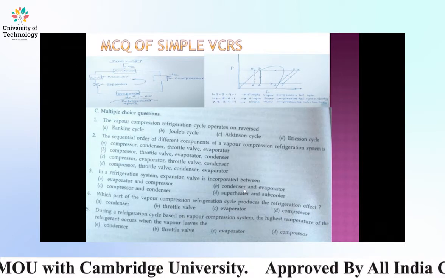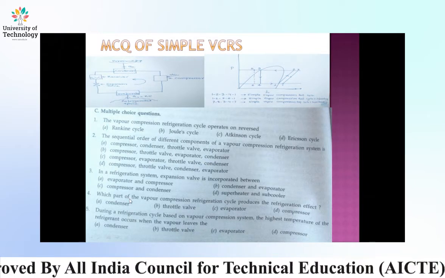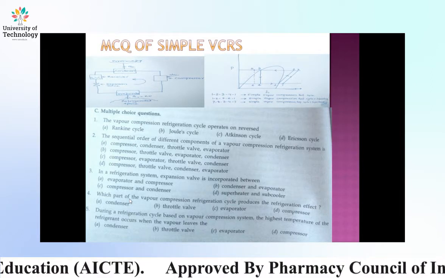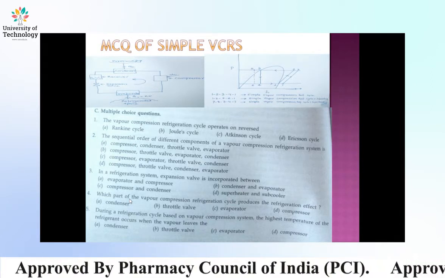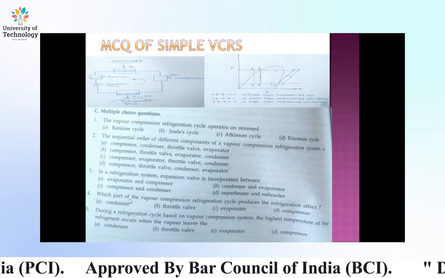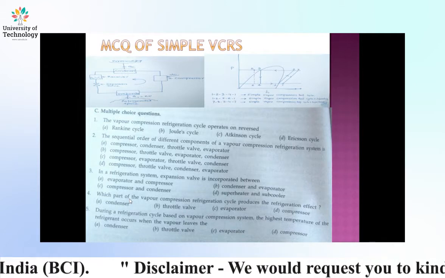Now question number 4. Which part of vapor compression refrigeration cycle produces the refrigerant effect? Refrigerant effect means the amount of heat extracted from refrigerated space to produce cooling.